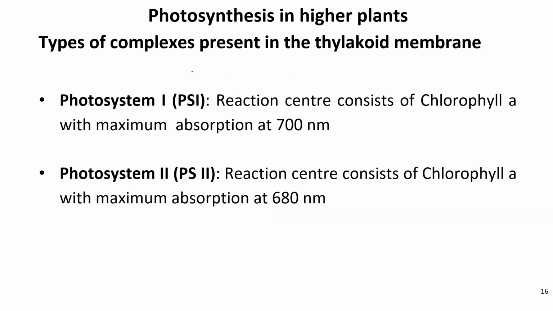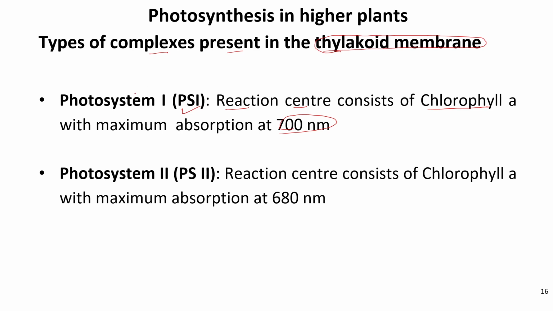Now, the next topic is the type of complexes present in the thylakoid membrane. The thylakoid membrane consists of 4 complexes. First is photosystem 1, whose reaction center consists of a single chlorophyll A molecule with maximum absorption at 700 nanometer.